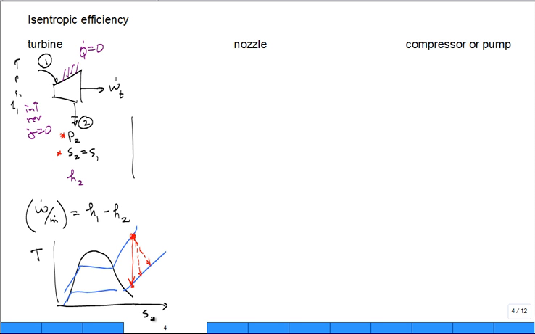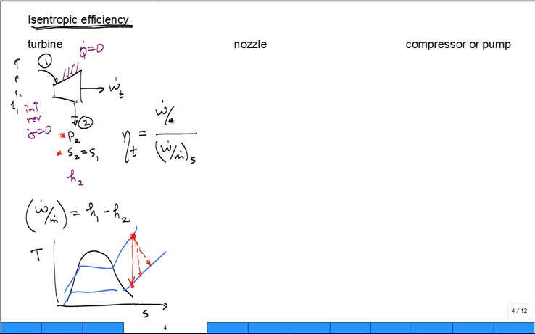So now we have an opportunity to compare the actual performance to the best performance, the isentropic performance, using an isentropic efficiency. For our turbine, the isentropic efficiency is the actual work out, W dot over m dot, divided by the best we can do, assuming isentropic expansion between the two pressures.